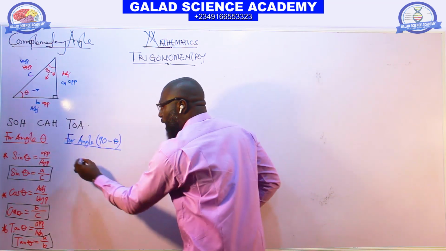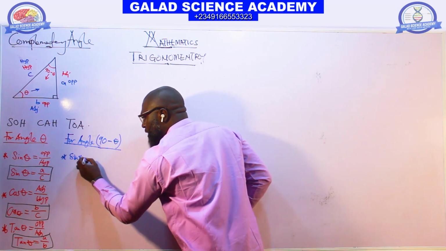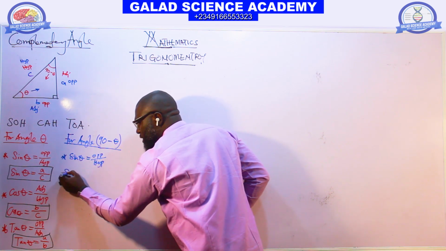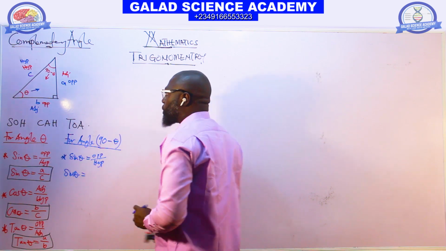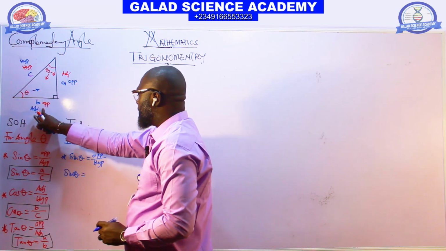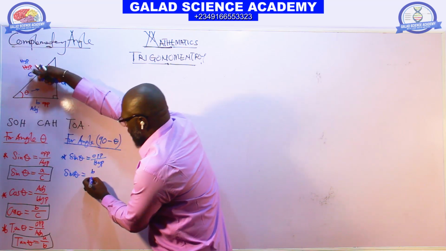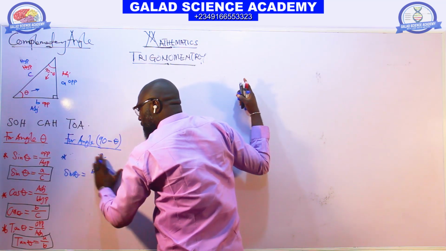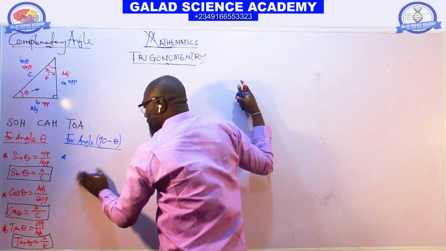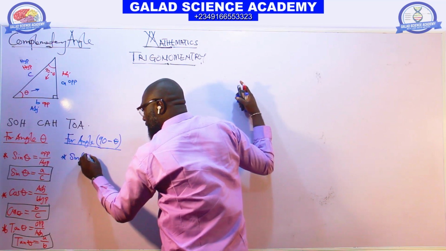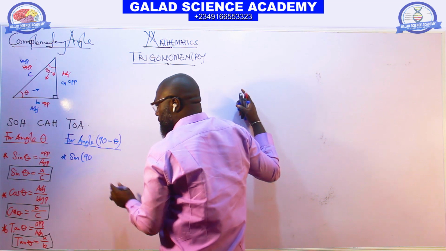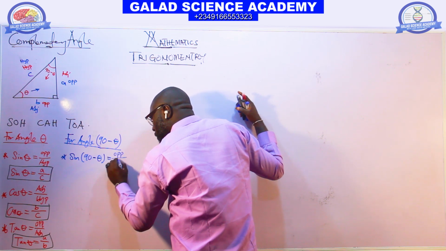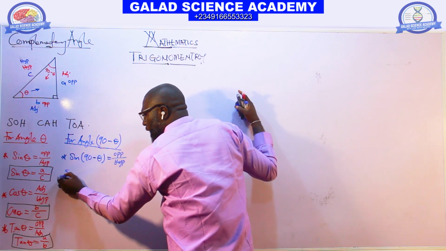Sine is opposite over hypotenuse. Sine of 90 minus theta is equal to opposite over hypotenuse.